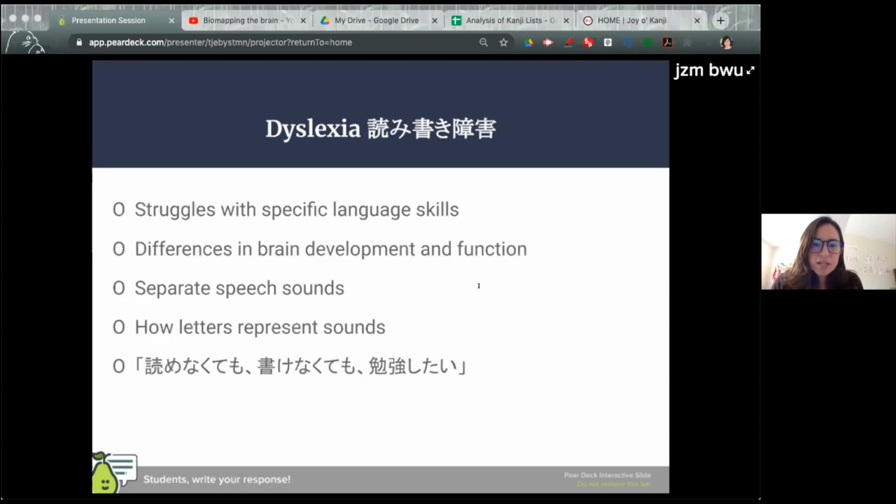But I've also seen the term yomikaki shogai, which is easier for me to understand since it just says what it is. So the incidence in Japanese speakers is pretty low, especially compared to native English speakers.